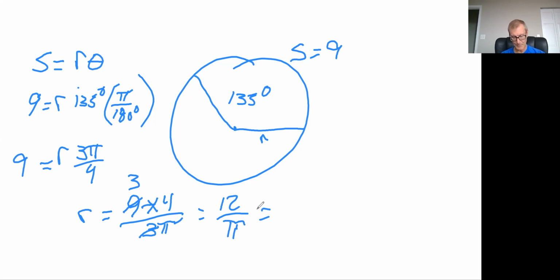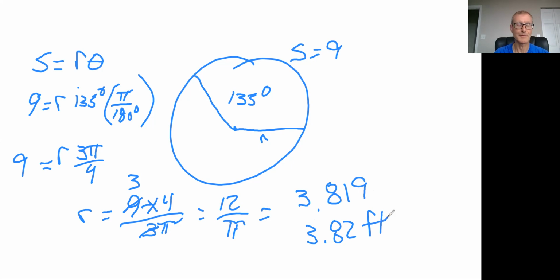So 12 divided by pi, I got 3.819, and to two decimal points, this 9 would make that a 2. So I got 3.82 feet. And that does that problem.